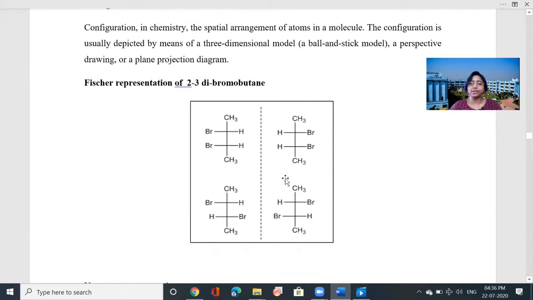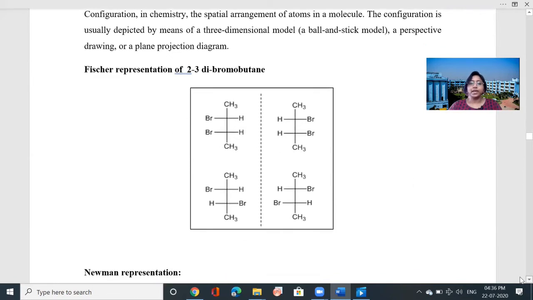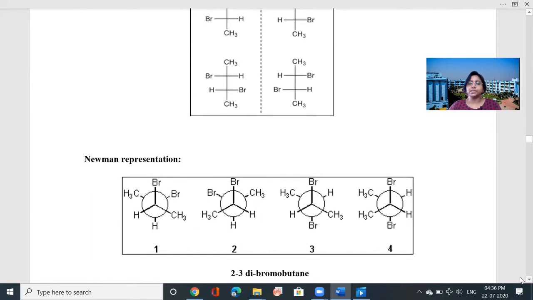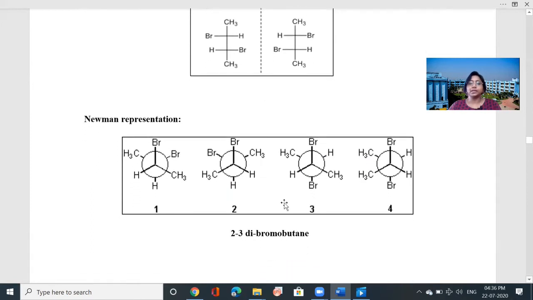You can remember that it is the 3-dimensional representation in a 2-dimensional way. Here you can see the vertical line and the horizontal line. Next, the Newman representation. Here we get the big circle, that is one carbon, and at the back the small dot carbon. This is the Newman representation.